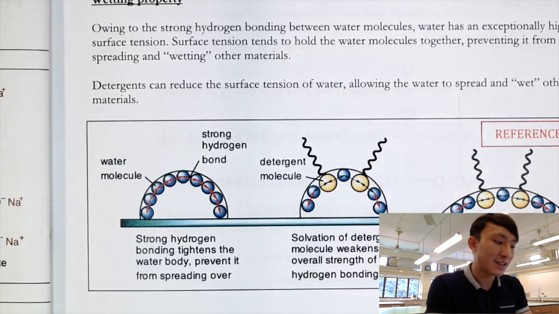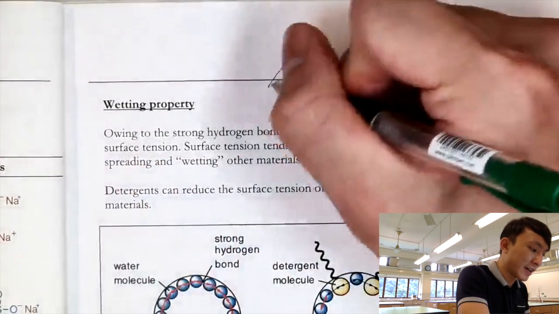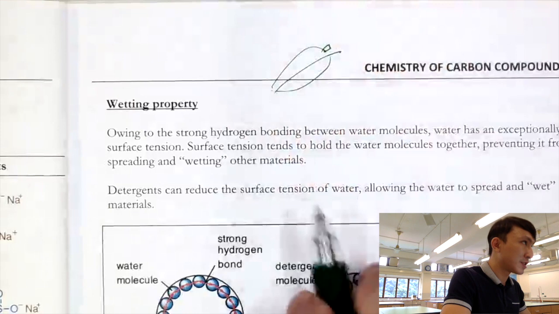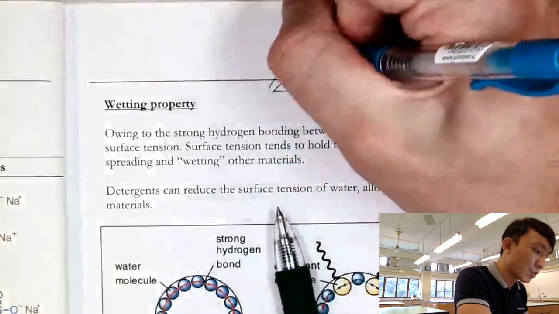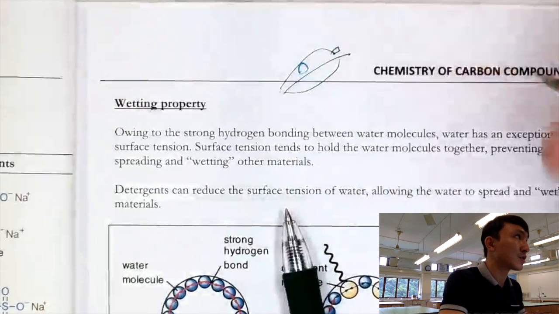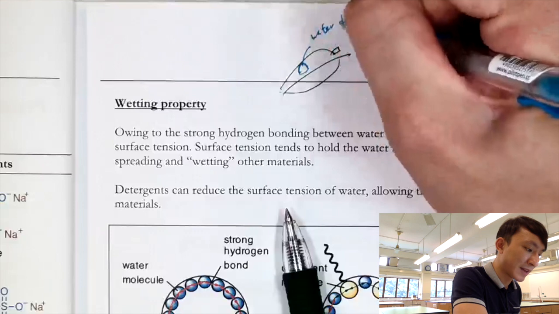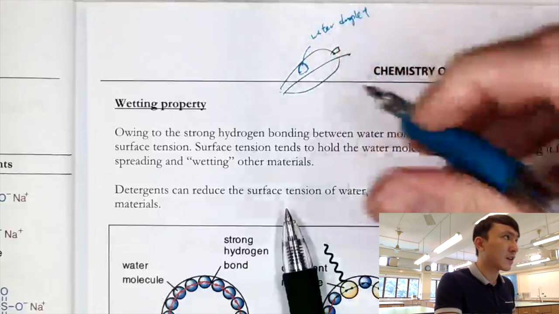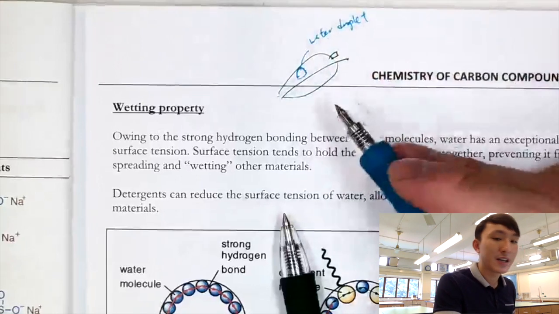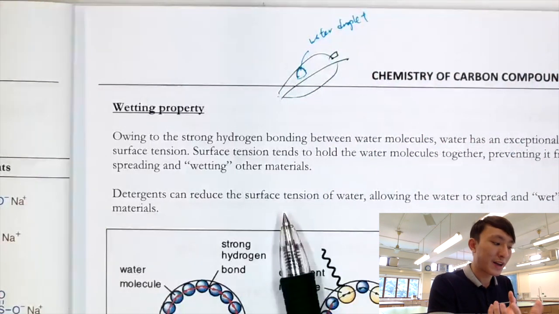You will see a water droplet on the surface, and when you look closer, you notice that it looks like a little sphere, a little ball, instead of lying flat.